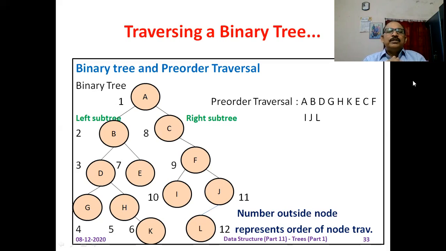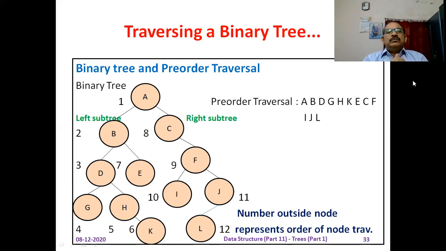Next step, traverse the left subtree in pre-order. Next, traverse the right subtree in pre-order. Here in this figure you can see the number outside node represents order of node traversal. Okay.